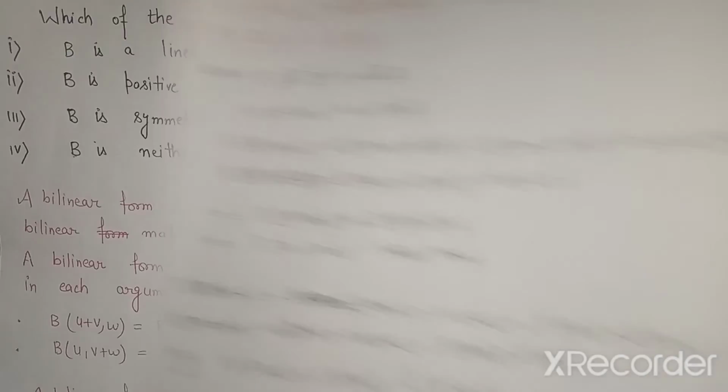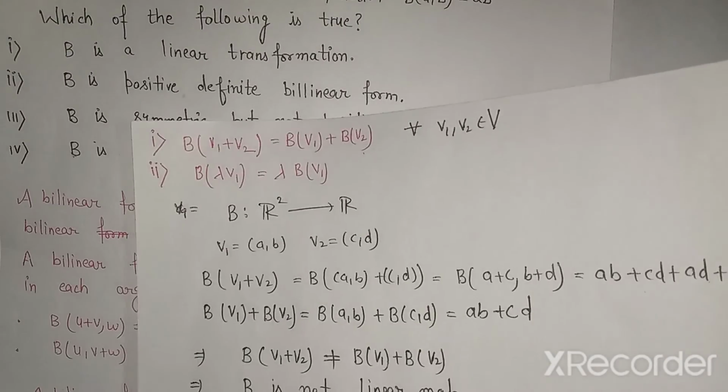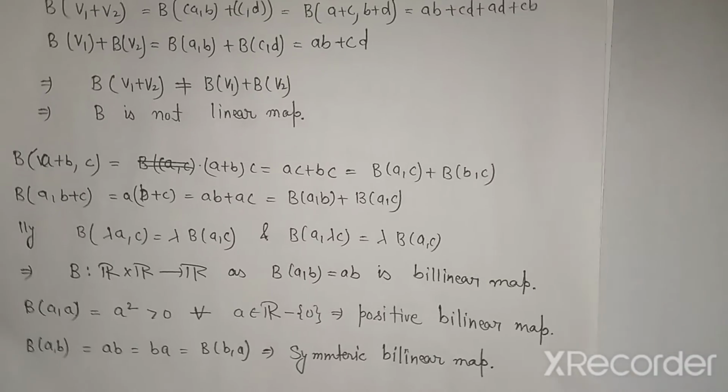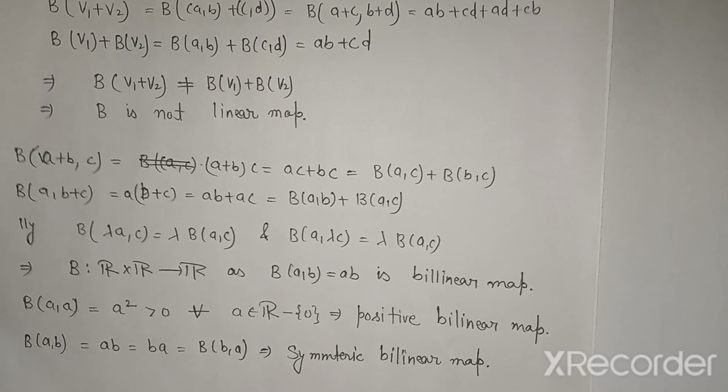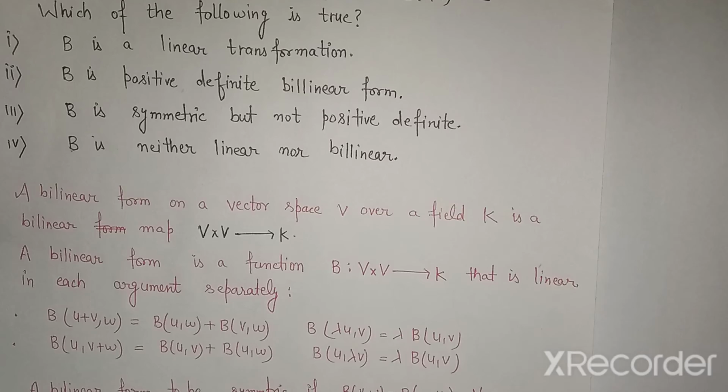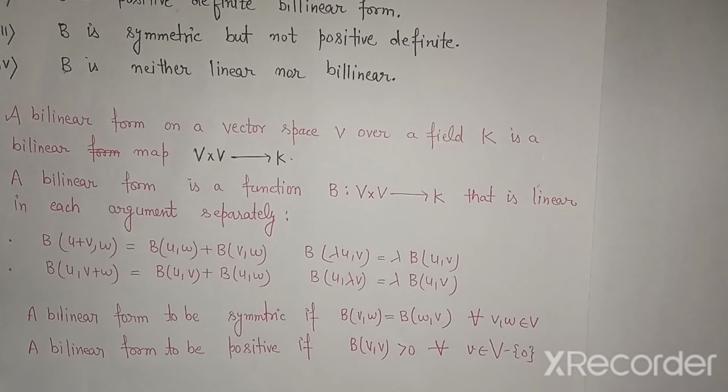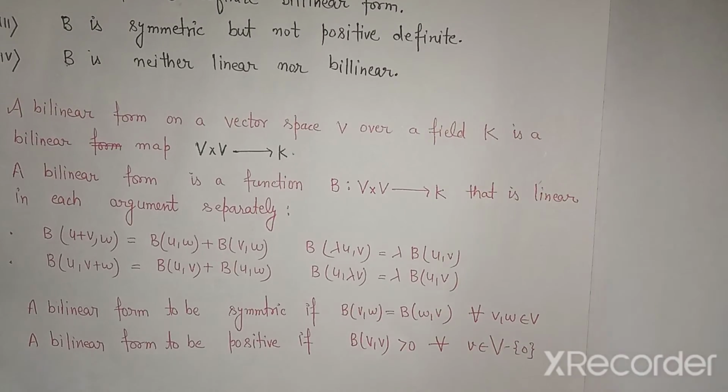Now we have to check whether it is positive definite or not. For that we take B of (a, a). What do we do for a bilinear form to be positive? For positive we take B applied on the same vector (V, V), which should be greater than 0.